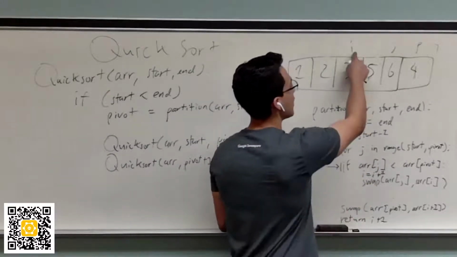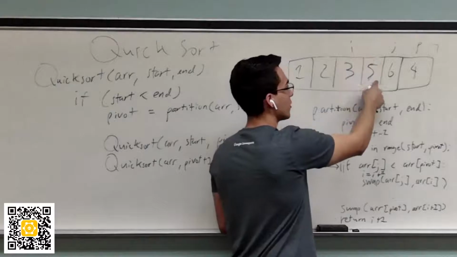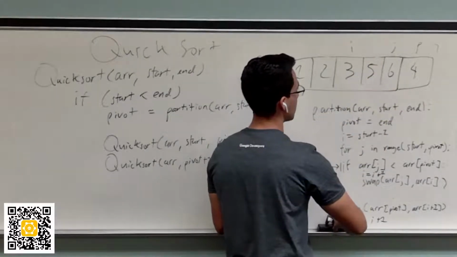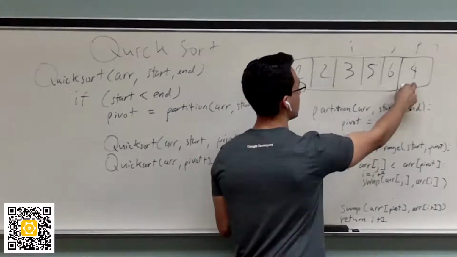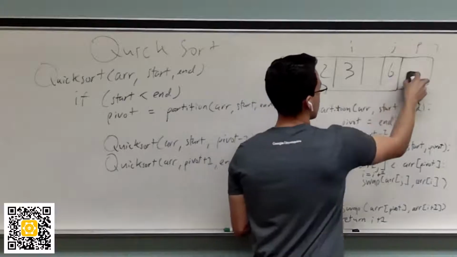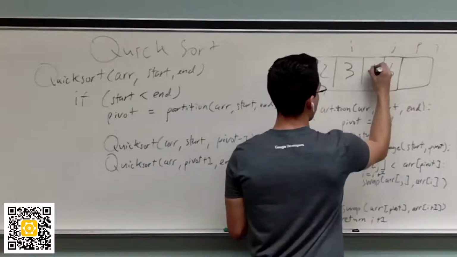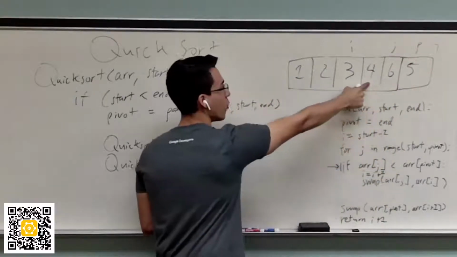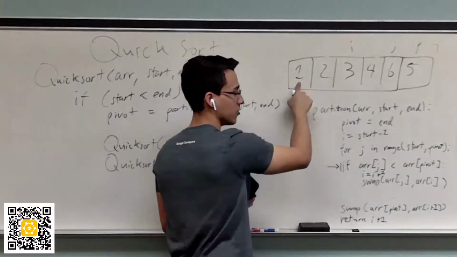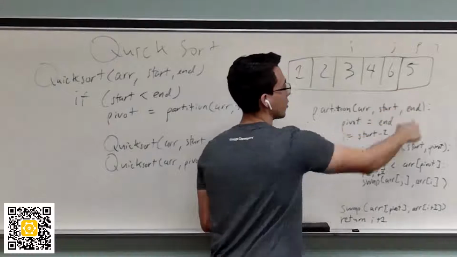So anyway, now I is here. I is always before a value greater than this one. So that means that towards the end, we can swap pivot with the one after I, right? So we swap 4 and 5. Now 4 is where it used to be, and everything to the left is less than, and everything to the right is greater than.